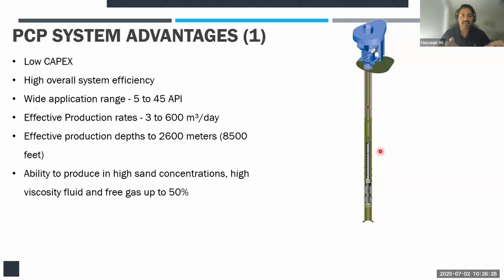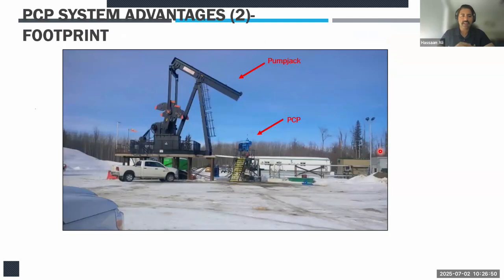Production can go all the way from 3 cubic meters of fluid per day to 600. And they can be set at a very high depth, from 1200 meters of pump setting depth to 2600 meters. And they can produce fluid with high solids, high viscosity, and free gas up to 50%.